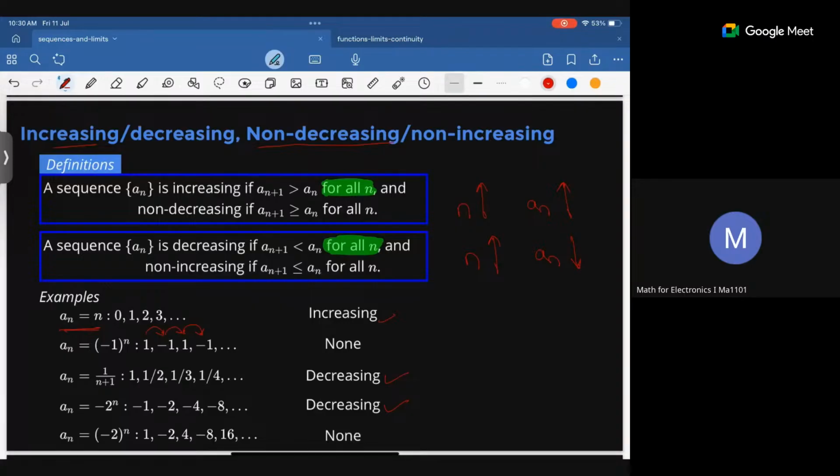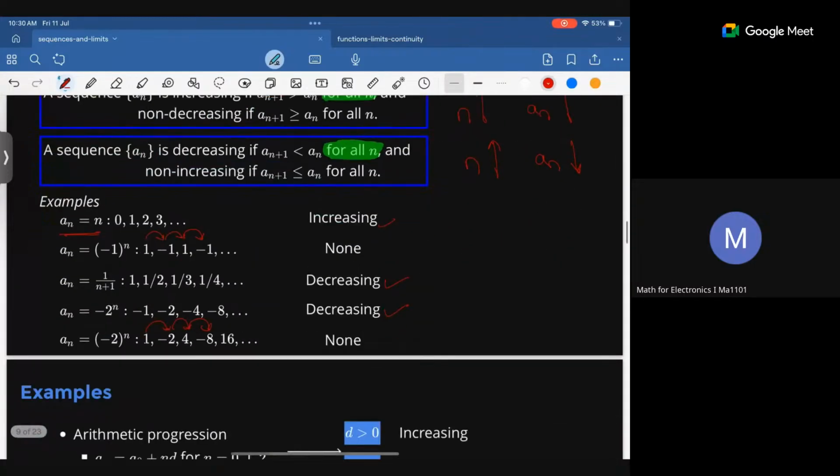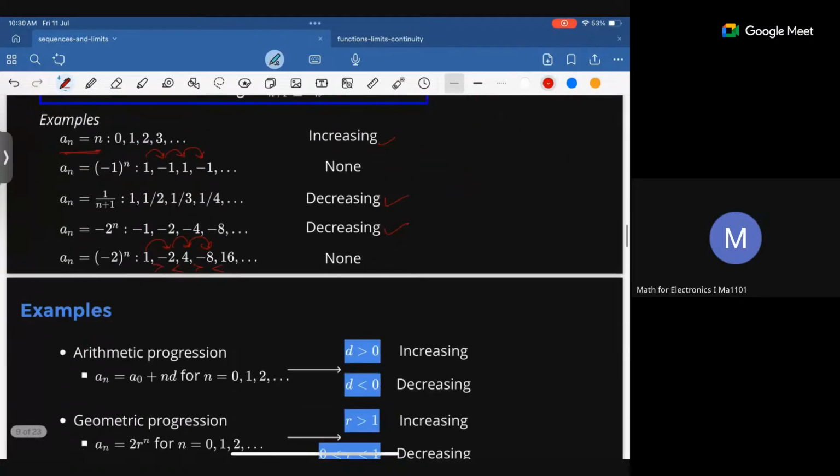Here you can see 1, minus 2, 4, minus 8. So you see 1 is greater than minus 2, but minus 2 is less than 4. 4 again is greater than minus 8, right? And again minus 8 is less than the next term. So there is a greater than, less than, greater than, less than kind of sequence. So it is neither increasing nor decreasing, right? So that is why it is shown as none. Okay.